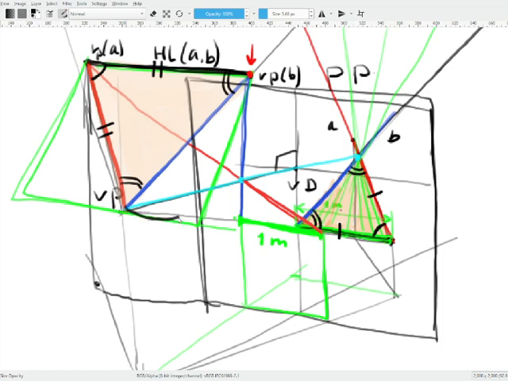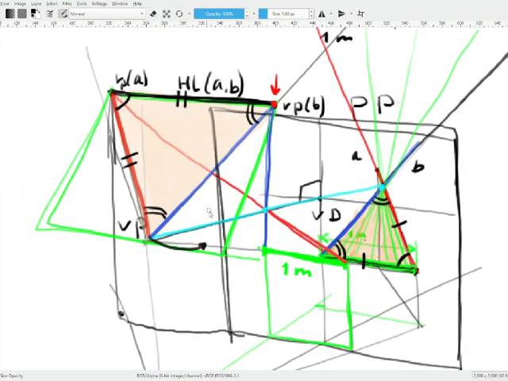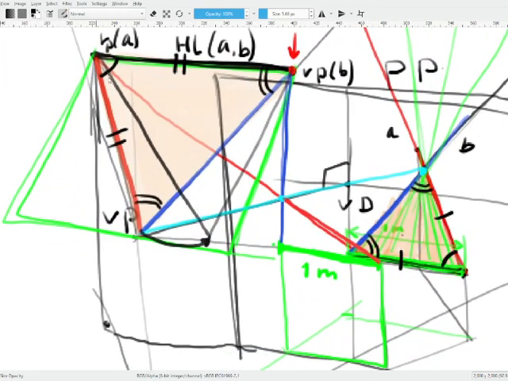We rotate our viewer position to our picture plane and obtain this triangle, but it is not in the three-dimensional space. This triangle will be on the picture plane, on our actual drawing.